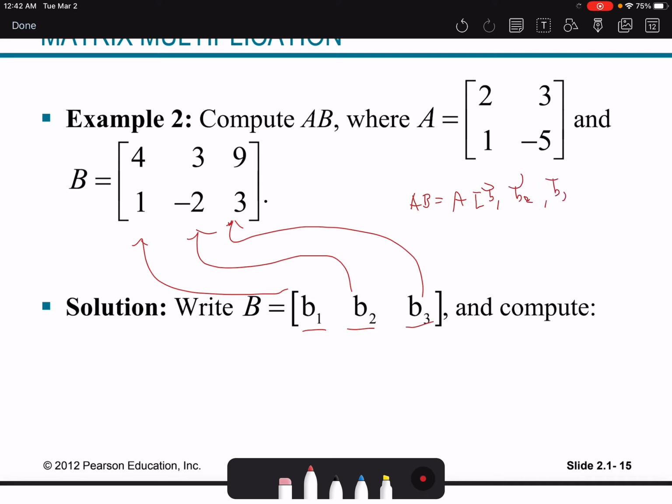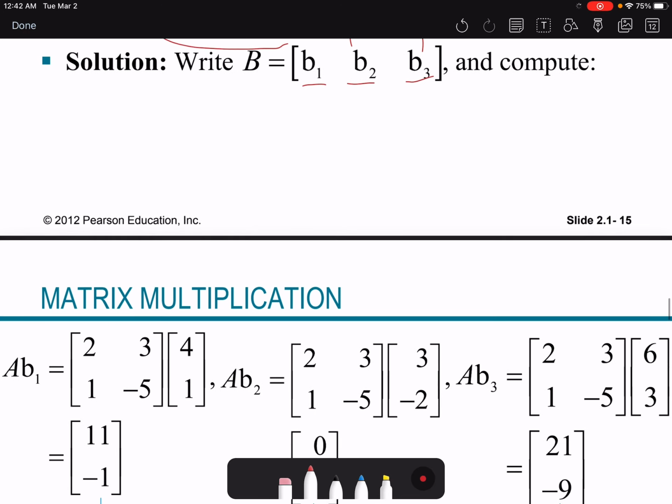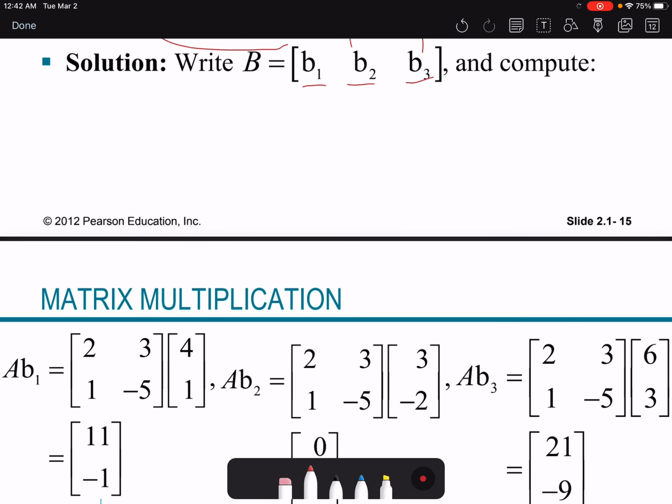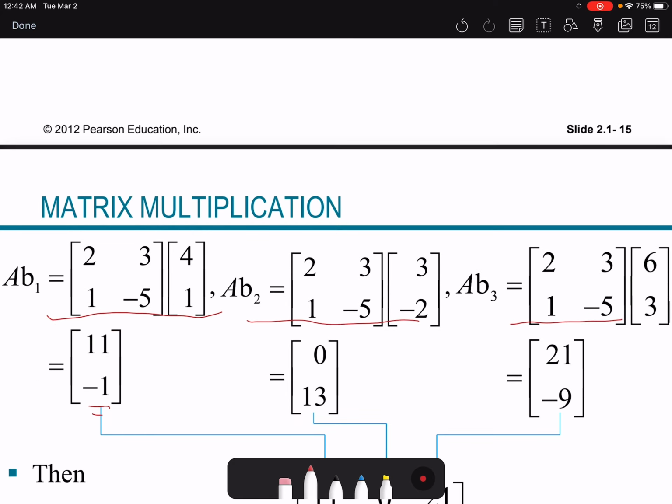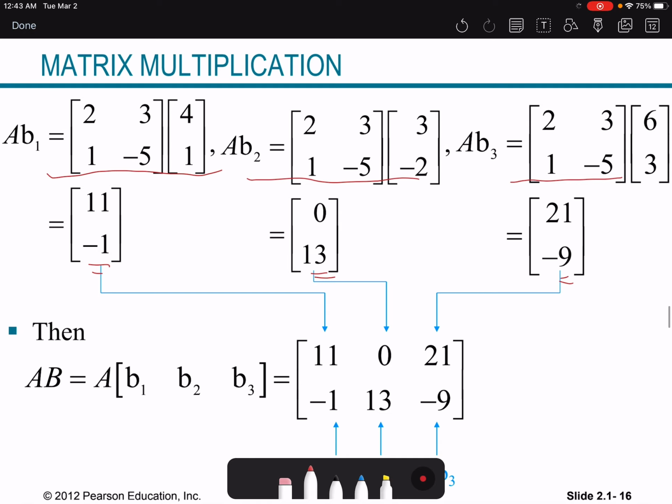And B3. And then we distribute to all of them, okay? AB1, AB2, and AB3. We can see in here, AB1, AB2, and AB3, right? As a result, they're all column vectors, okay? And they're put together in the new matrix. All right, so that's the 2x3 matrix.